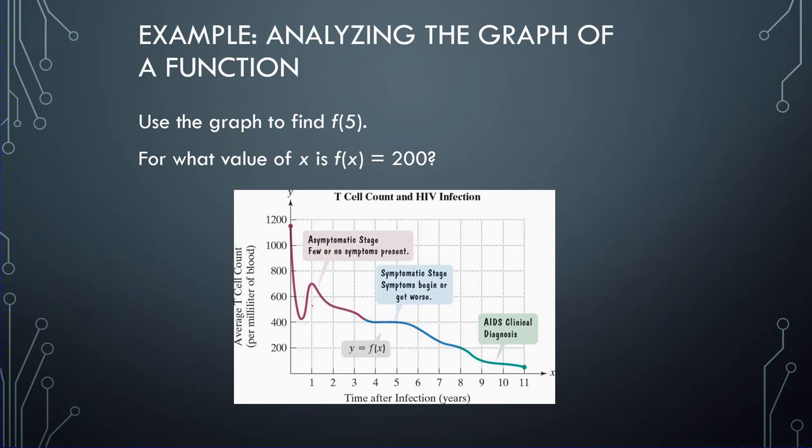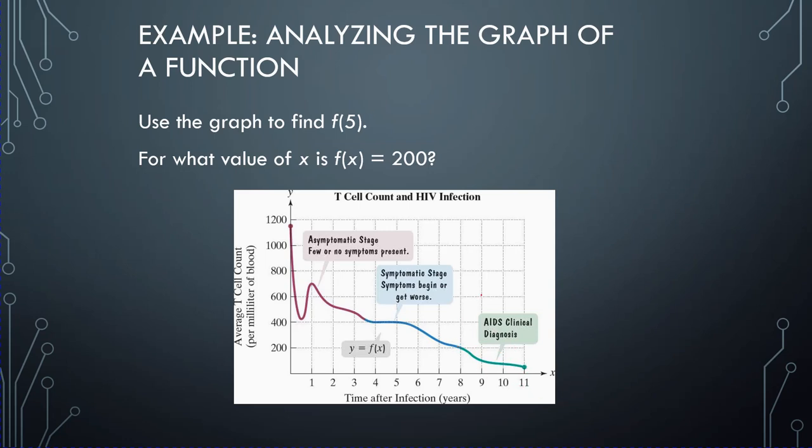In this color here is the asymptomatic stage where they're not showing any symptoms. But once they start to show symptoms, you can see that their average T cell count starts to fall. And then finally, when they have an AIDS clinical diagnosis, you can see that their T cells are falling even more.